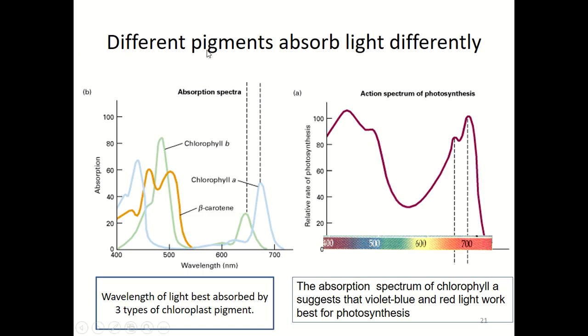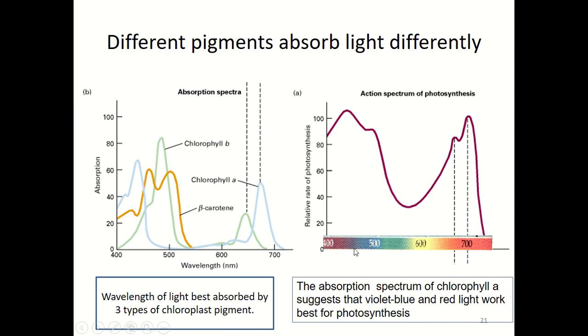So this is the spectrum of the light that is absorbed by the different pigments. As you can see over here, let's look at the orange color. The line in orange color is beta carotene. Beta carotene absorbs light highly at around 470.